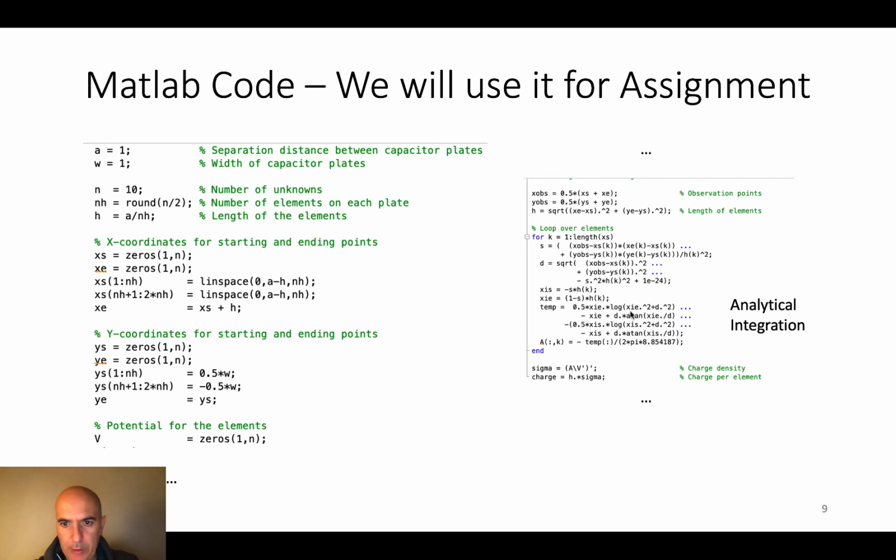So you see the logarithm here and the arctangent here coming from analytical integration. We assemble the matrix A, and then we calculate the sigma, that is the charge density for each element, by solving this linear system, where A is the matrix and V is the known term. Once we know the charge density for each element, we calculate the charge for each element by multiplying the volume by the charge density of that element.